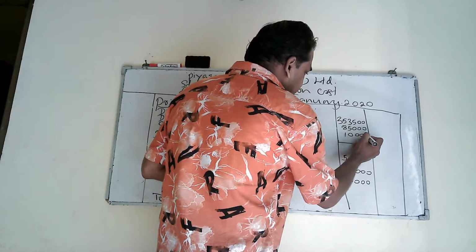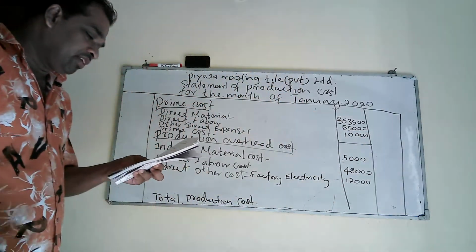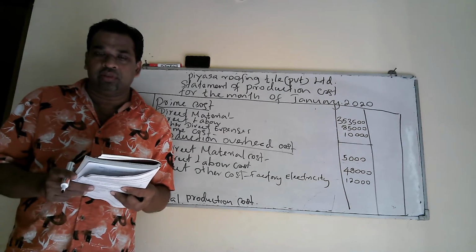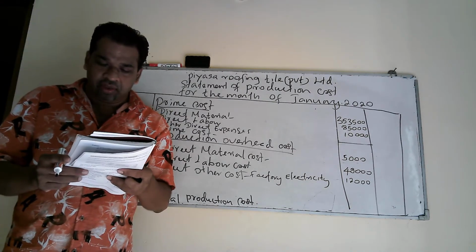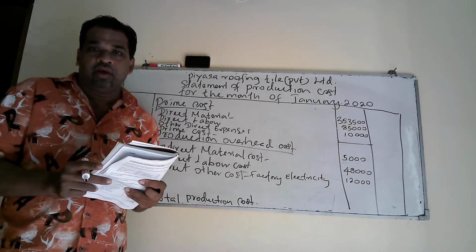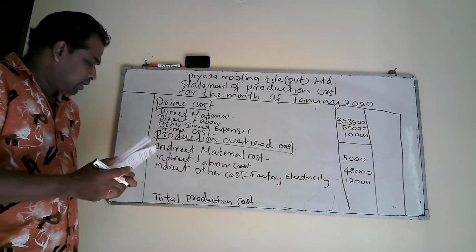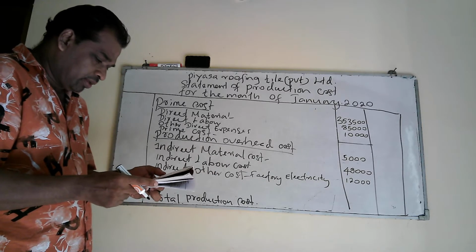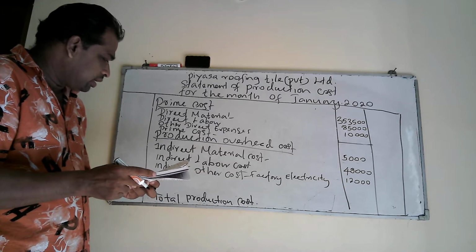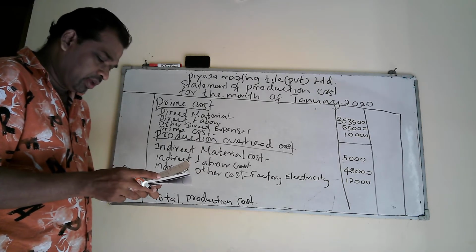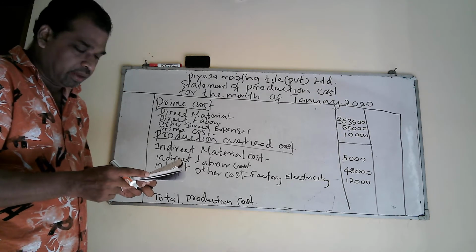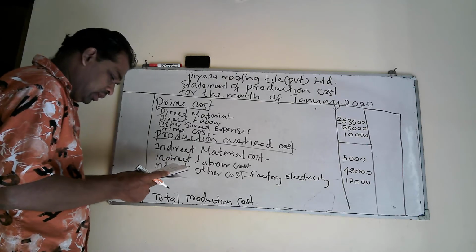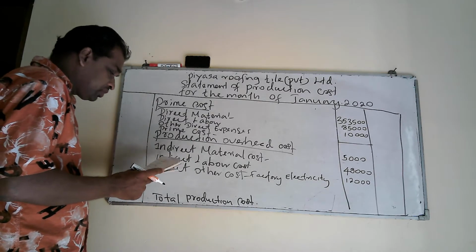Next item, salaries for the security service. They look after the factory, therefore the payment made to security service comes under indirect labor cost. Earlier we met supervisor salary, again indirect labor cost. Security service is also indirect labor, that is 20,000.